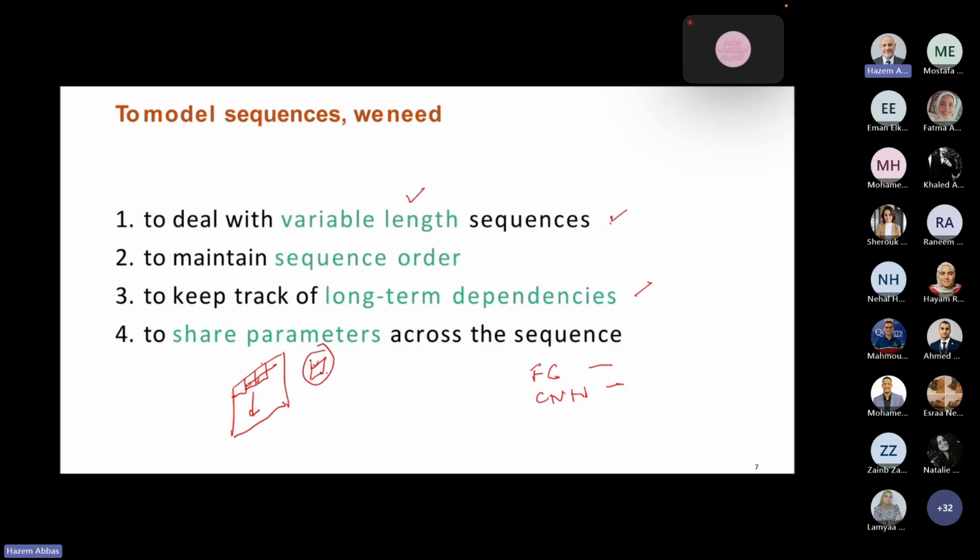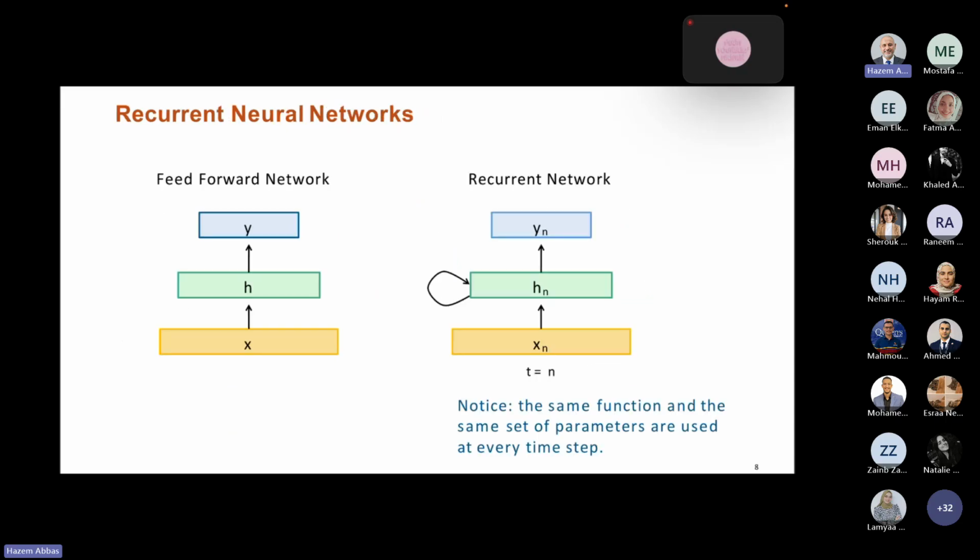This is where the sharing is happening. We're going to do the same with the recurrent architecture, but in a different way. So this is the basic difference between a fully connected layer and a recurrent layer.